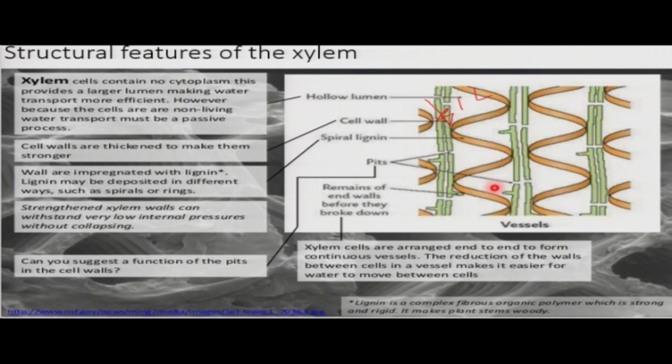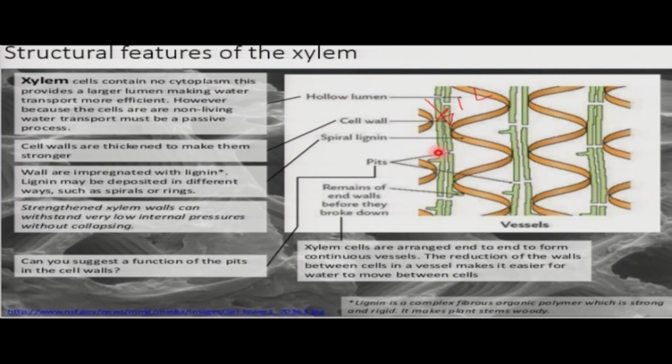But where have these ends disappeared? Breakdown, making one cell connect to the other, but this time as hollow. So it means, therefore, from here to here, there is continuity, because the plates break away, creating a stream, continuous flow.